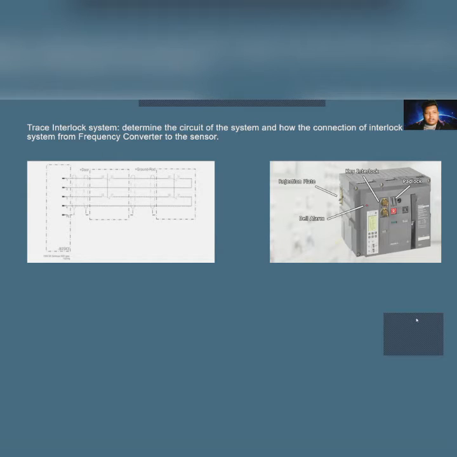So, the trace interlock system determines the circuit of the system and how the interlock system is connected from the frequency converter to the sensor. These two pictures: the left one is a circuit of the system and the other one is an example of the interlock.